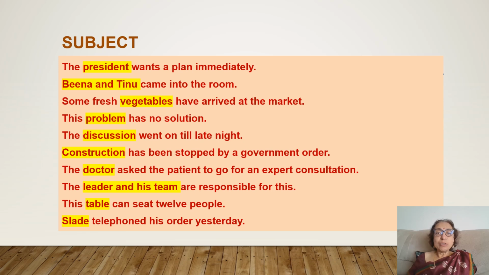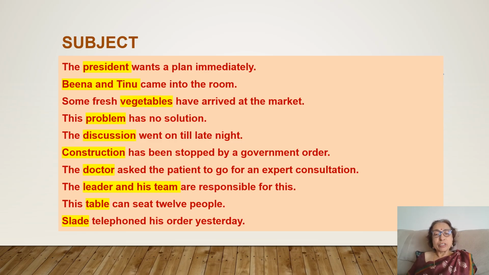Bina and Tinu came. So although they are together, there are two nouns. And, of course, has got highlighted, don't worry. Bina, Tinu, these are the two nouns. So together they form the subject of the sentence. There is another noun here, room. I'm not talking about that. We will talk about object nouns later.